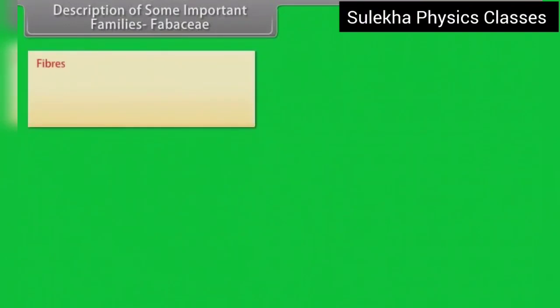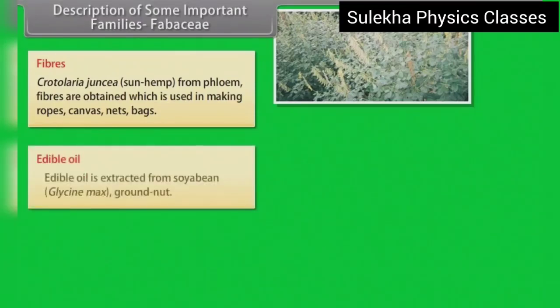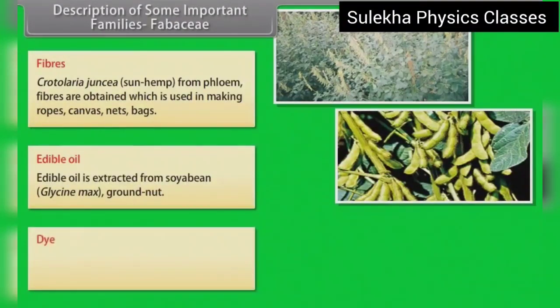Fibers. Crotalaria juncea, sunhemp. From phloem, fibers are obtained which are used in making ropes, canvas, nets, bags. Edible oil. Edible oil is extracted from soybean, Glycine max, and groundnut. Dye.